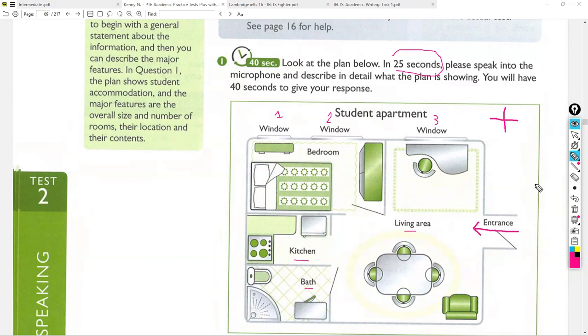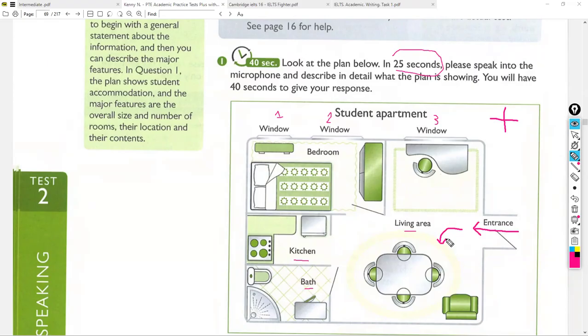Okay. Can you try again? So we have here the student apartment. We'll start with the entrance. On the left hand, you can see the living room with four chairs and one table.